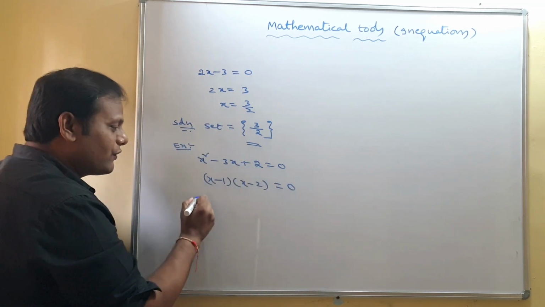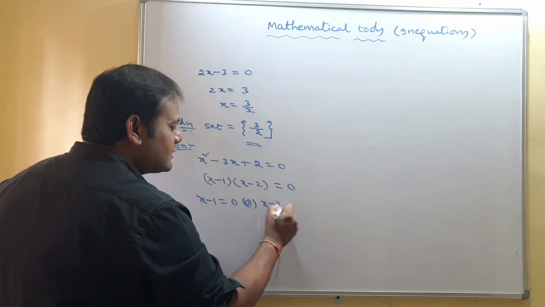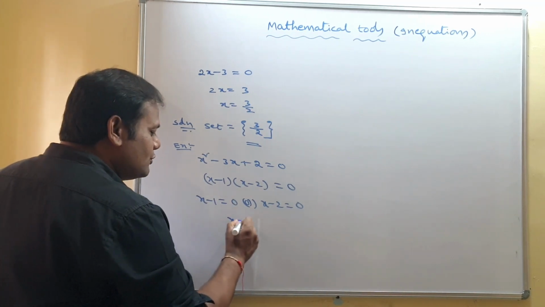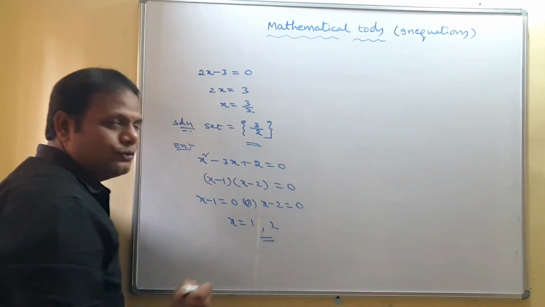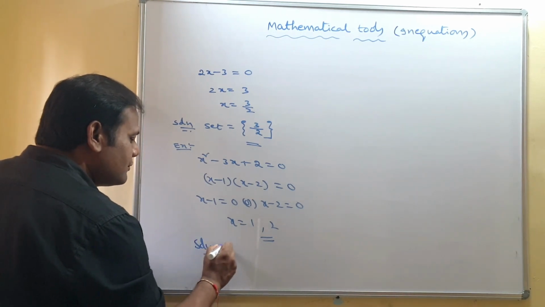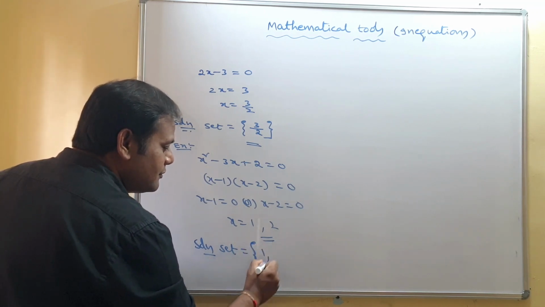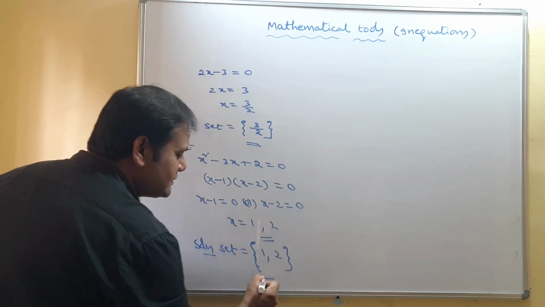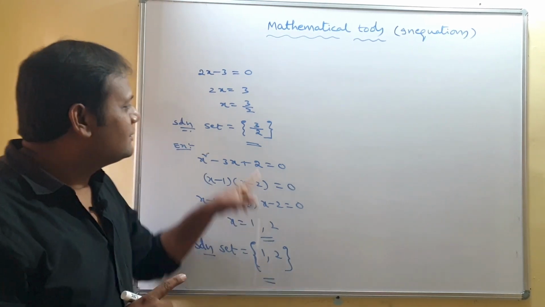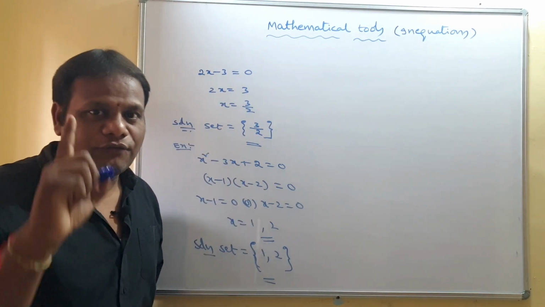From this, x minus 1 equal to 0 or x minus 2 equal to 0. So the solutions are 1, 2. The solution set is {1, 2}. Two solutions exist here, whereas for the earlier equation we got only one solution.